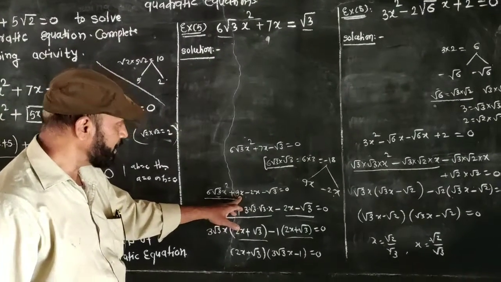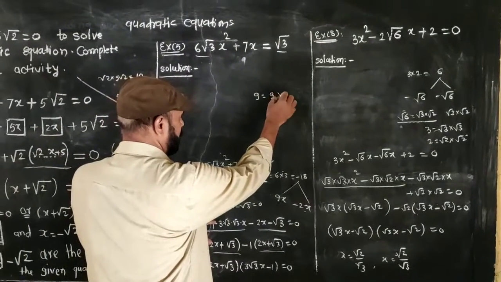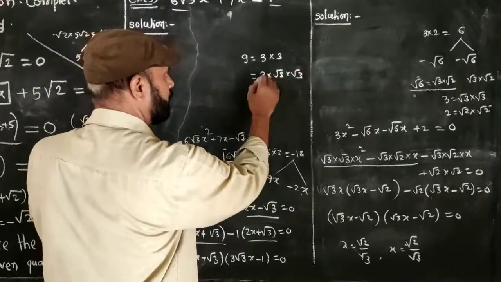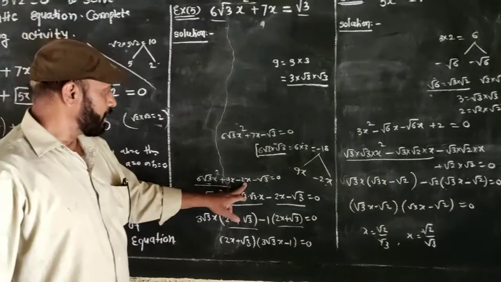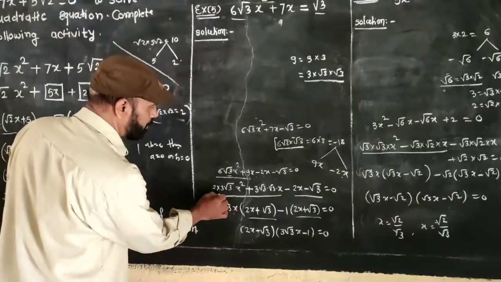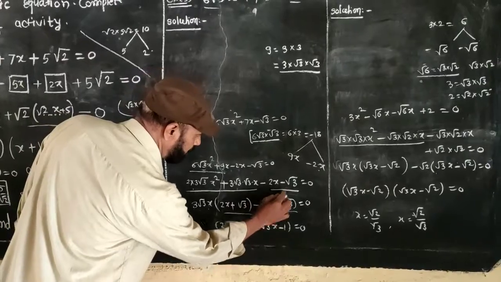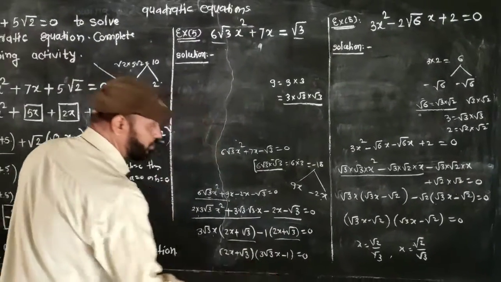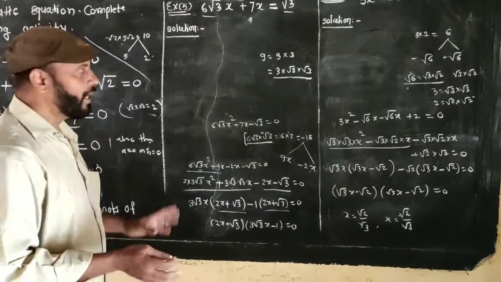Write this 9 as 3 into 3, that is 3 into root 3 into root 3. In this manner we have written here, and minus 2x minus 2. So taking 3 root 3 into x common from these two terms, we got 3x plus root 3, minus 1 taking common, 3x plus root 3. Therefore, the product of two brackets is equal to 0. So we write each bracket equal to 0 and find the value of x.